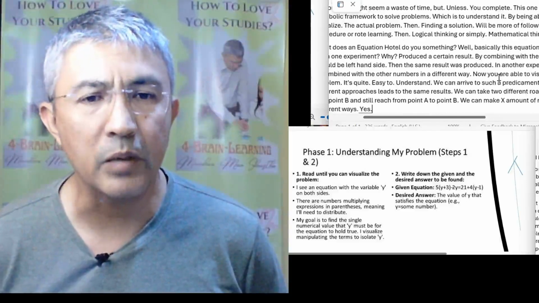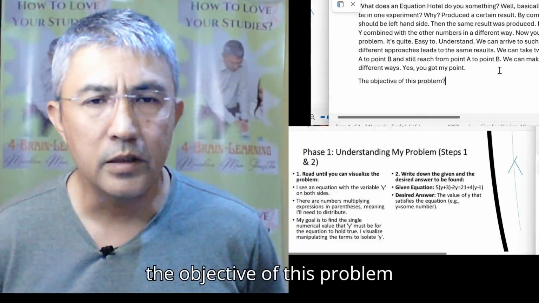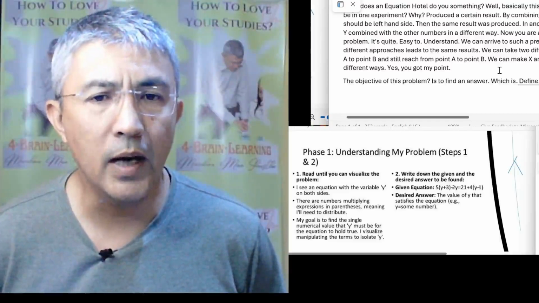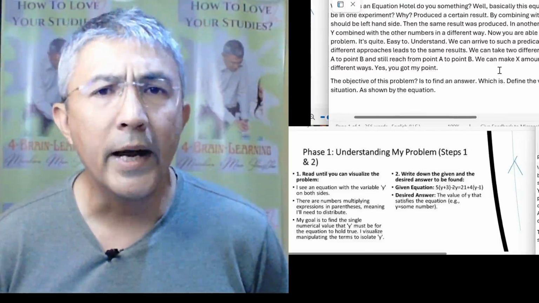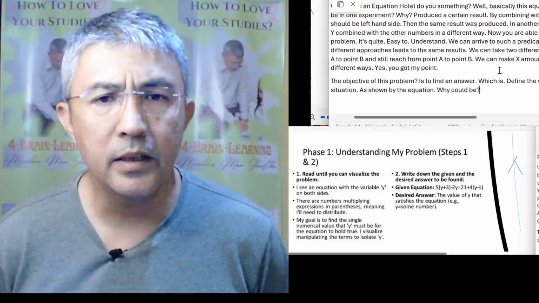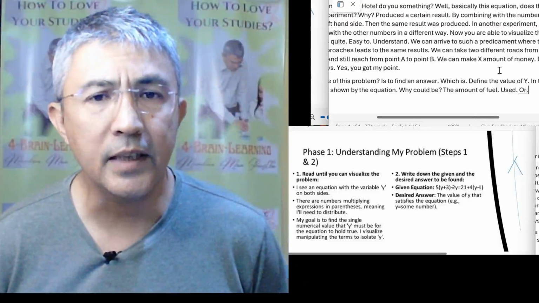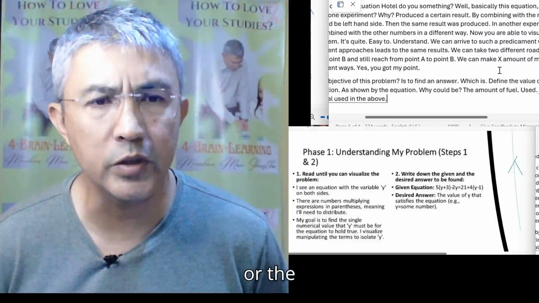Yes, you got my point. Now, the objective of this problem is to find an answer, which is to find the value of y in this situation as shown by the equation. y could be the amount of fuel used or the seed capital used in the above examples respectively.